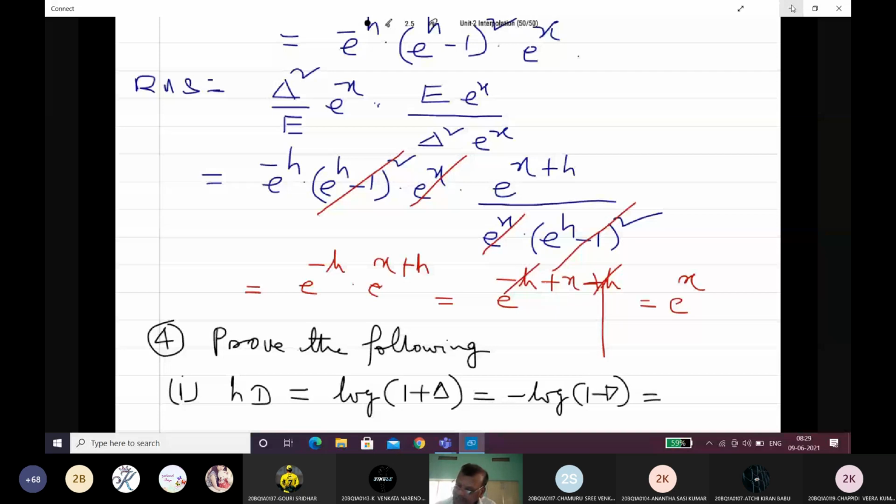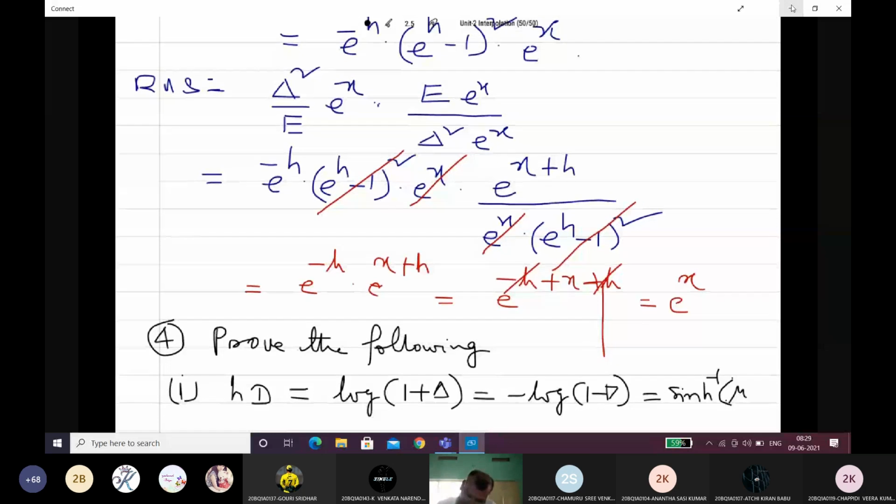Sin h inverse mu delta. That is the first one.